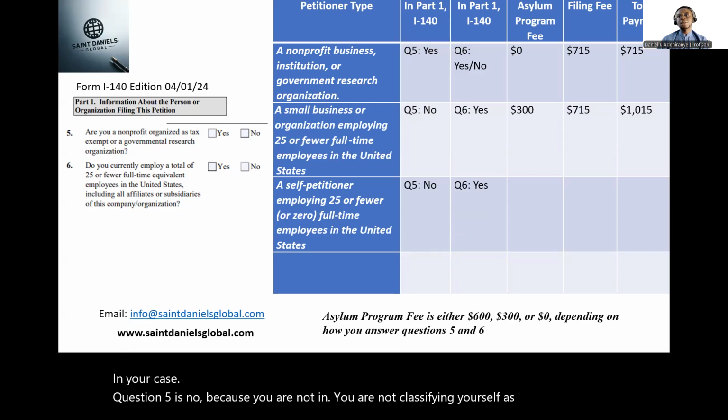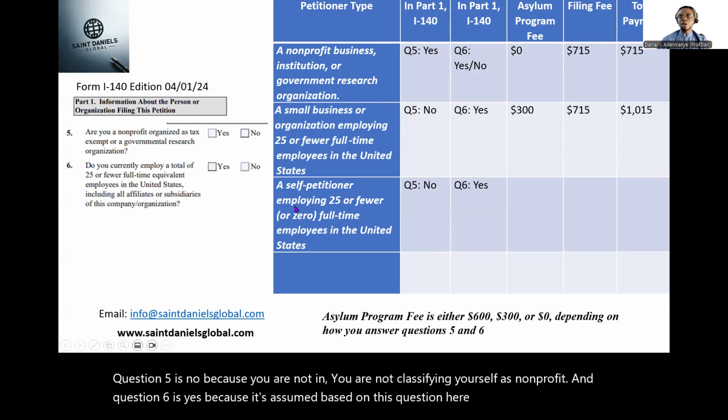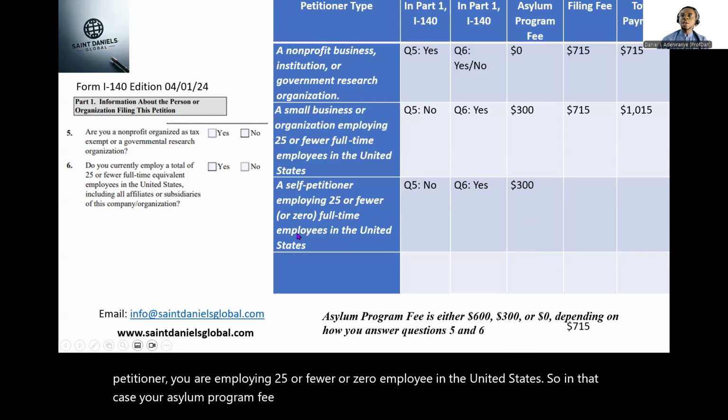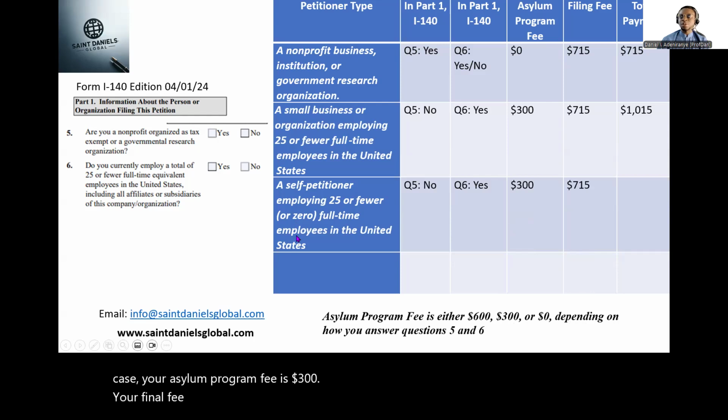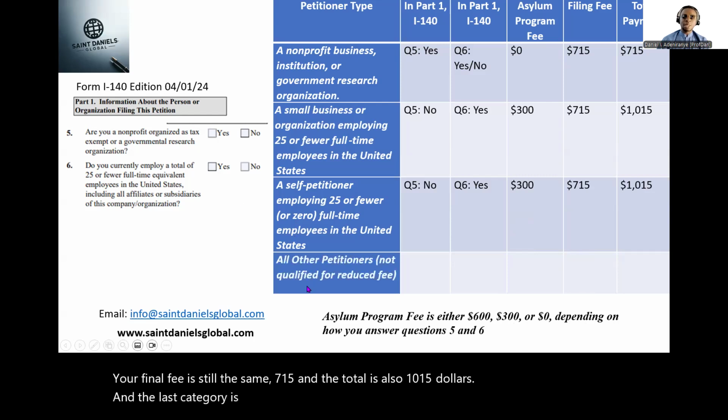And question 6 is yes, because it's assumed that if you are a self-petitioner, you are employing 25 or fewer, or 0, employees in the United States. So your asylum program fee is $300, your filing fee is still $715, and the total is also $1,015.